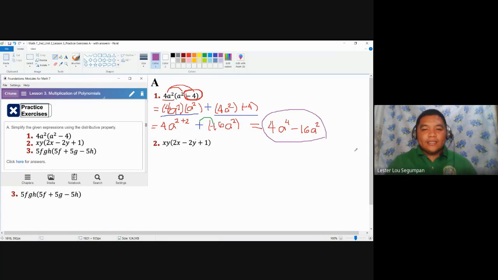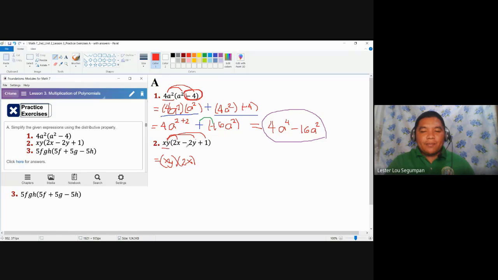Number 2, let us distribute the whole term here, not just x, not just y, but the whole xy, and distribute not just in the first term, not just in the second term, but for the whole terms here. And then you will have xy times 2x.